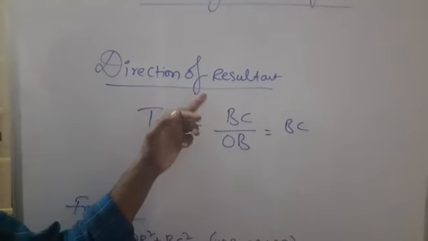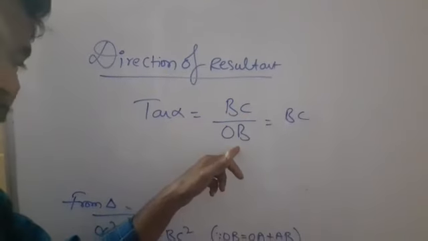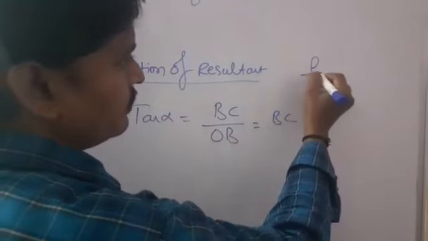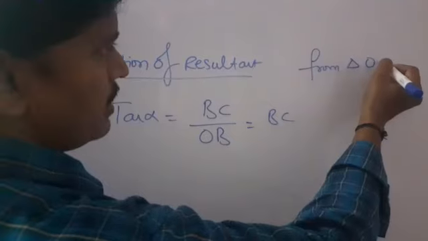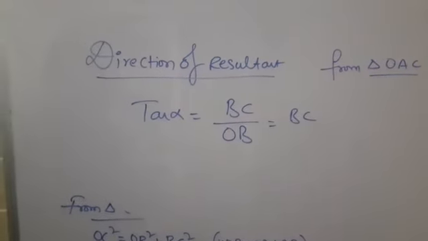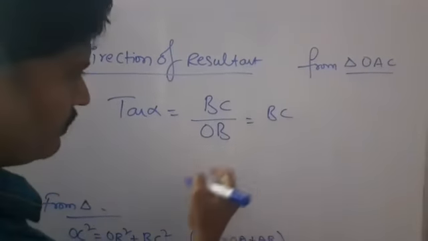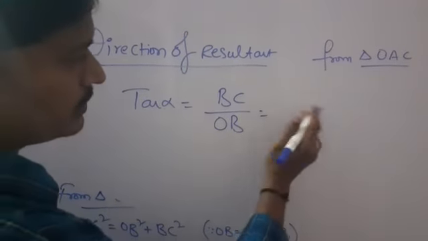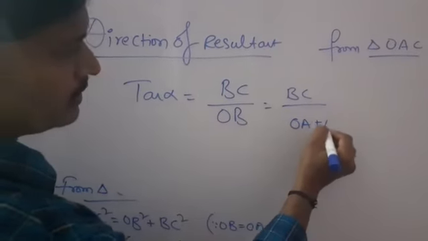Direction of the resultant. From the above diagram, tan alpha is equal to opposite side by adjacent side. Which triangle? Not triangle OAC, but the triangle previously discussed, triangle OBC. From this triangle OBC, tan alpha is BC divided by OB, and OB is nothing but OA plus AB.